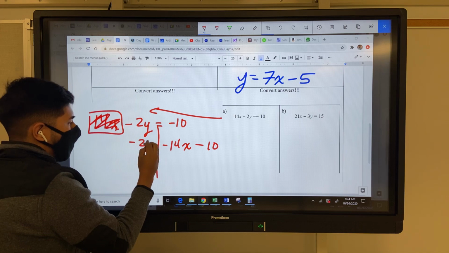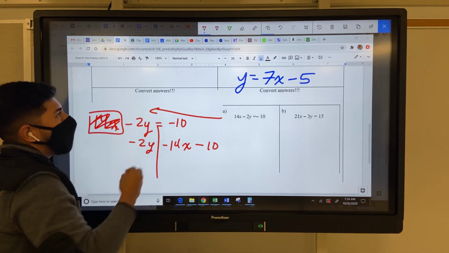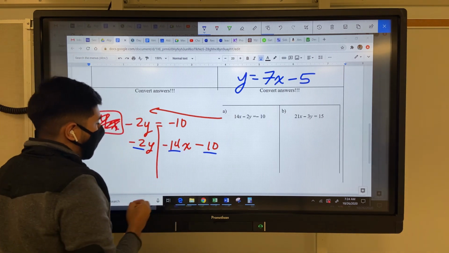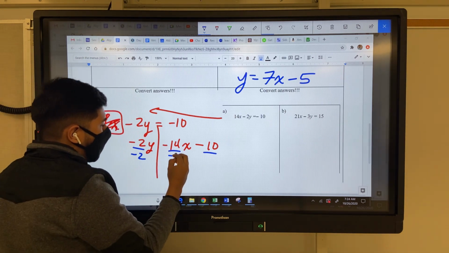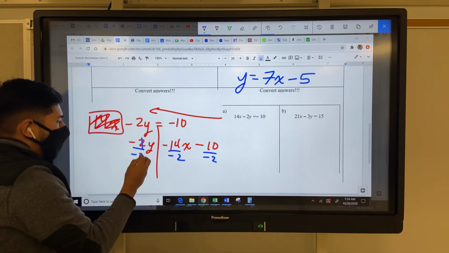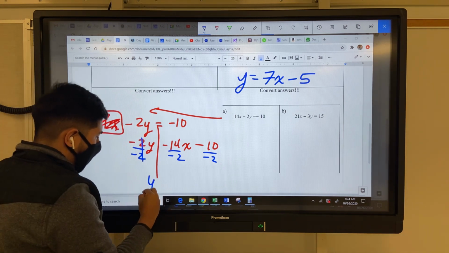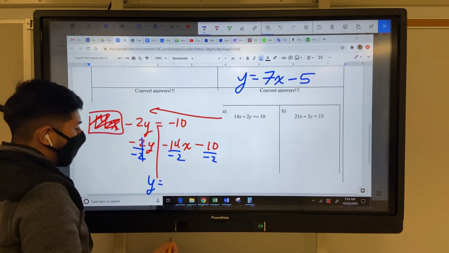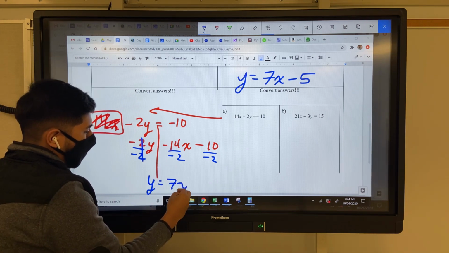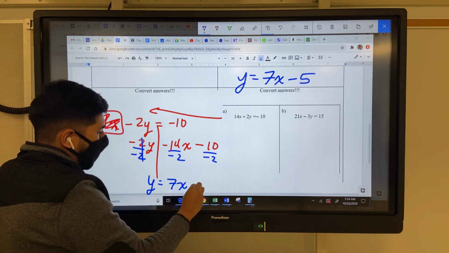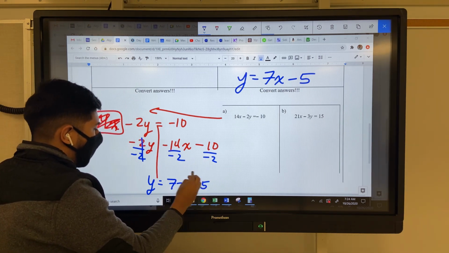Bring down the minus 2, negative 2y. And then we divide. Divide by negative 2, negative 2, negative 2. This cancels. Have y equals negative 14 over negative 2 is positive 7x. Calculator. Negative 10 over negative 2 is a positive 5.